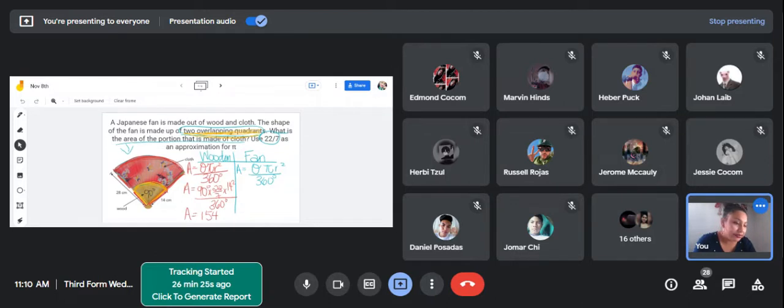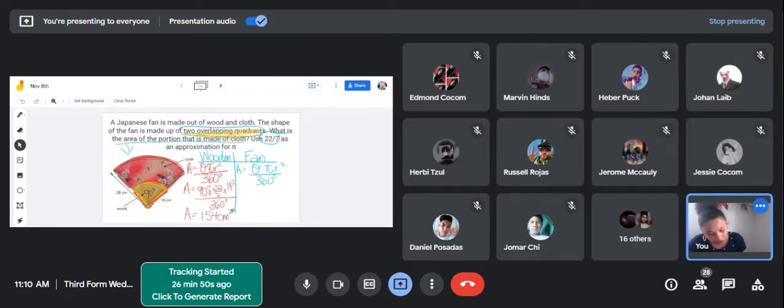Did you get that? Got it, miss. Okay. So it should be 154 units. What is your units? Centimeter squared.